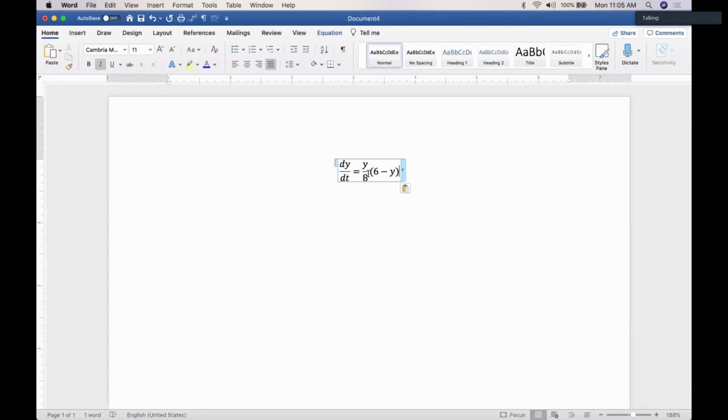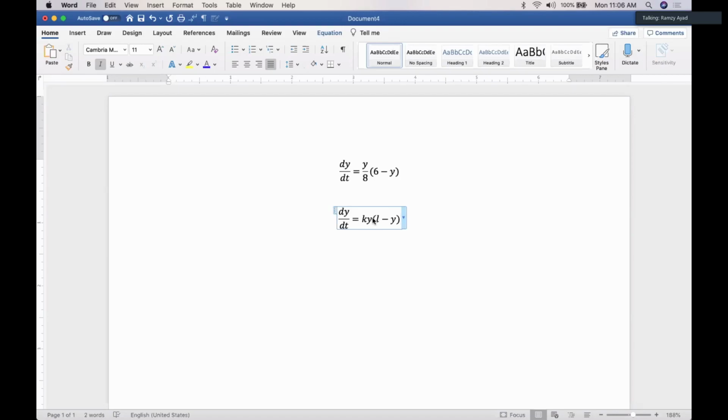Look, a logistic equation is an equation of this form: k y times (L minus y). K is a constant, L is a constant.